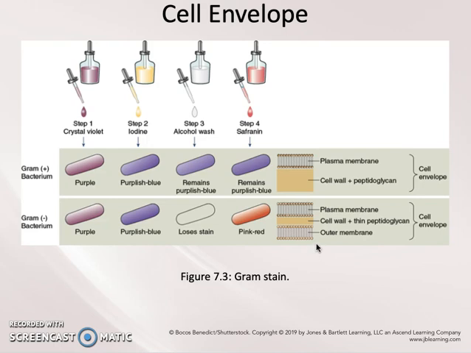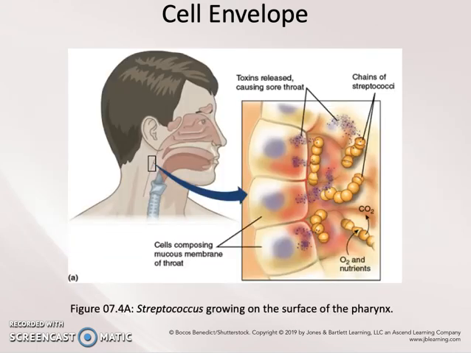Gram-positive cells do not have this outer membrane, and without that outer membrane, they do not have those endotoxins. Instead, some of them can produce exotoxins. Exotoxins are toxins or molecules that are secreted by the bacteria, and this secretion is done only when the bacteria are alive.